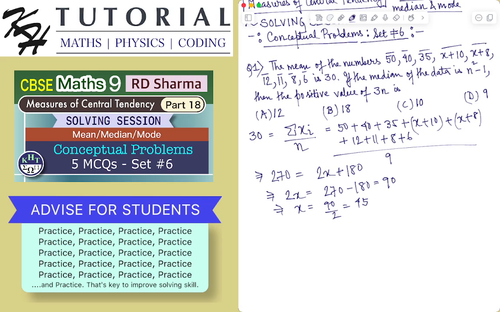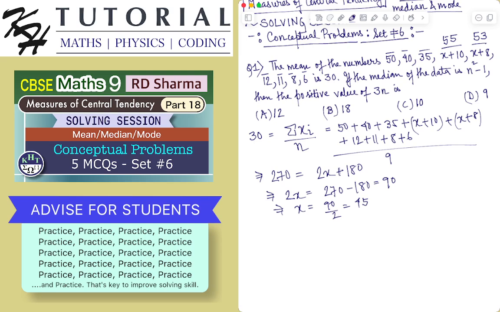Okay, that is fine. So 2x plus 180, and then 2x is equal to 270 minus 180, which is 90. So x is 45. Then x plus 10 will be 55, and x plus 8 is 53.